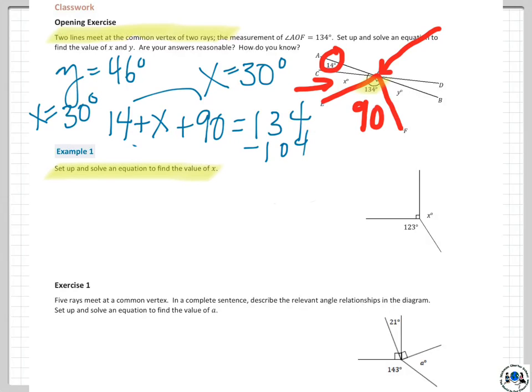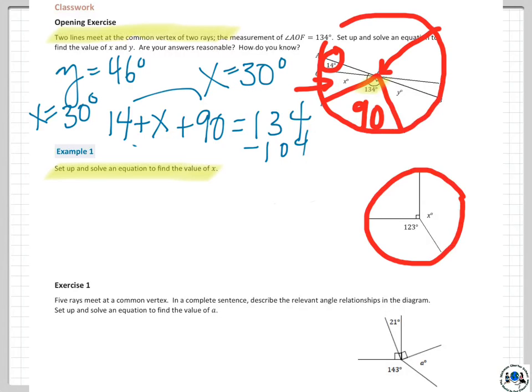But hopefully you noticed something, because this right here, we could actually make a circle out of this, a little pie. And if we make a circle out of that, truth is we could have made a circle out of this as well. Okay, before, and the one down here. Okay, we'll get to that one now, that exercise 1.